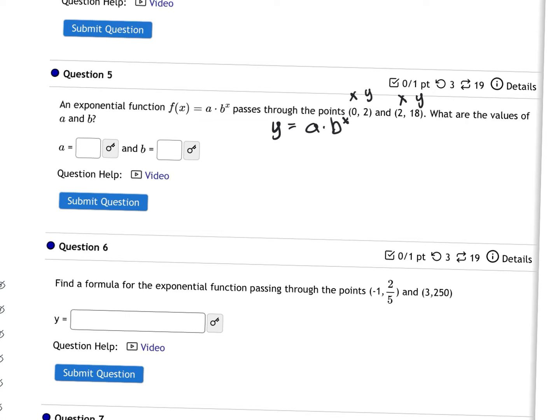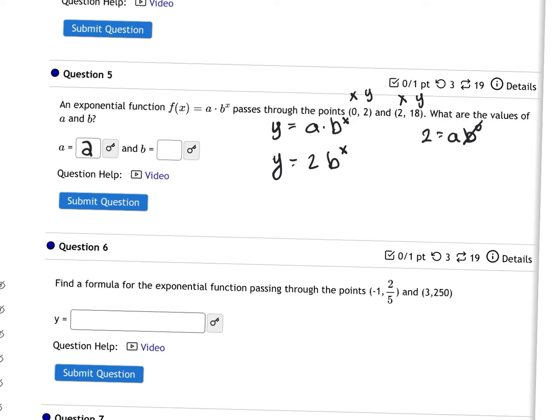So this means that if I plug this in for x, 2 equals a b to the 0. Anything to the 0 is 1. So a equals 2. So I know that right away. And then if I continue, now that I know a is 2, y equals 2b to the x.